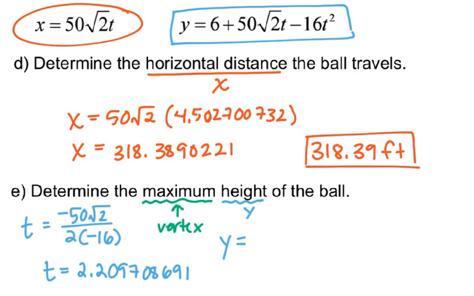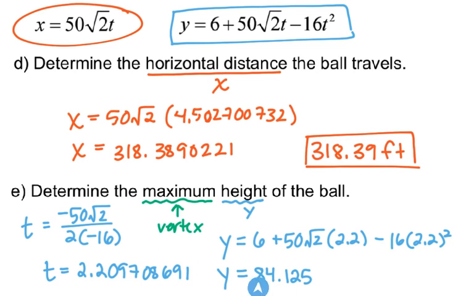Now if I plug that value into my y function, 60 plus 50 root 2 times 2.2 minus 16 times 2.2 squared, I'm not using 2.2, I'm actually using the answer button, which keeps all of this information. And I get an output height of 84.25. That would be 84.25 feet high. That's what represents my maximum height.